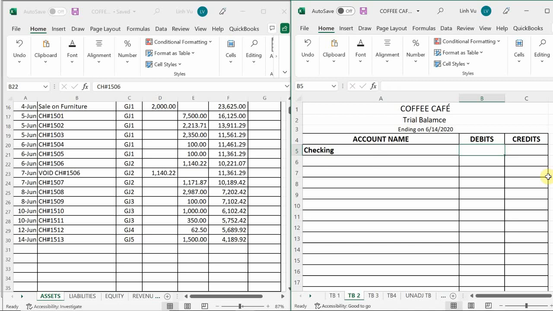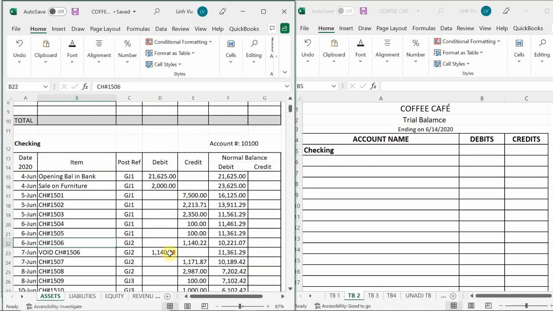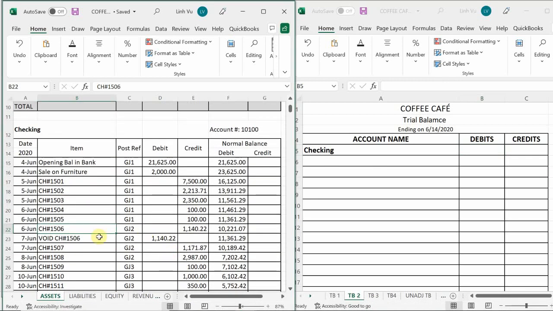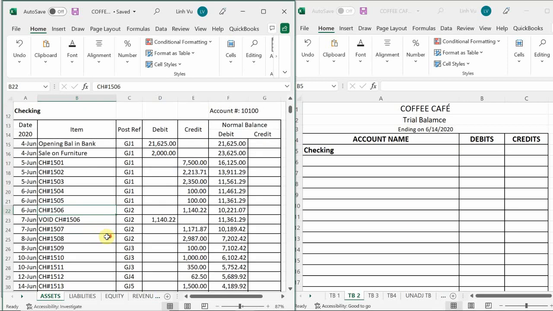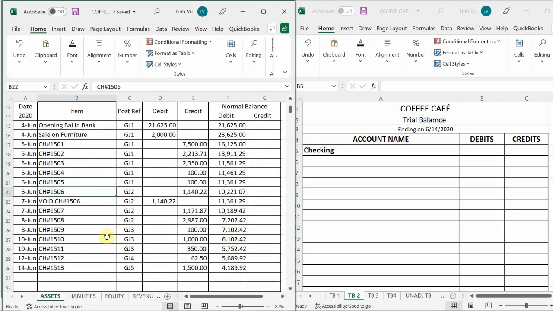Why do I have 23,625? So what happened to all those checks that you wrote? We got the money. Yes, but what about all the checks that I wrote?